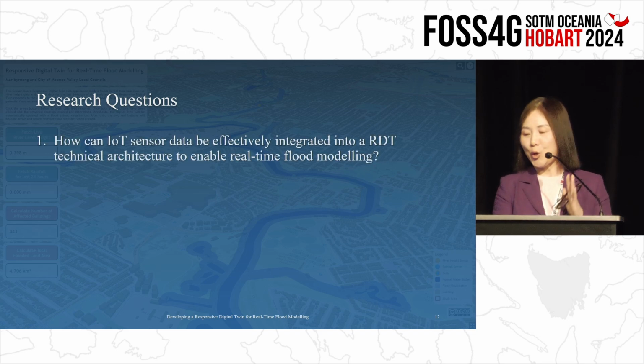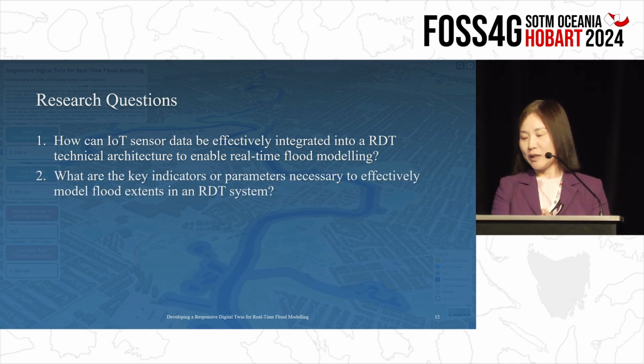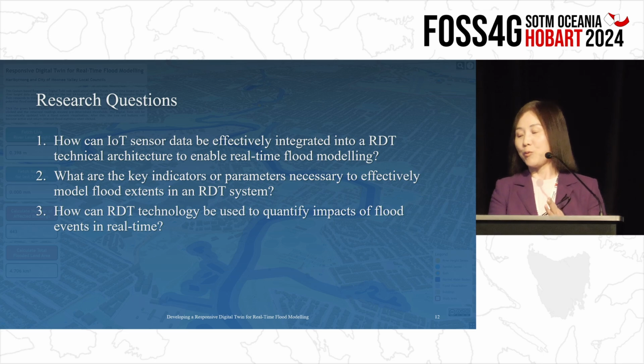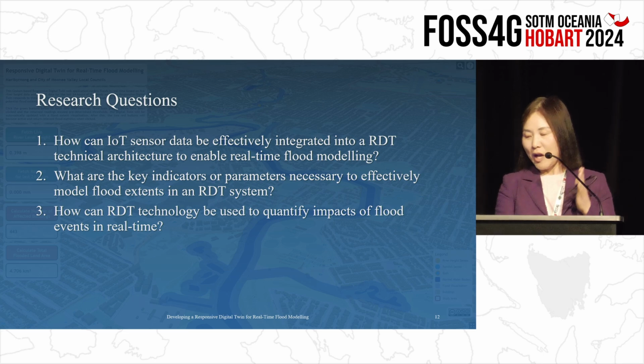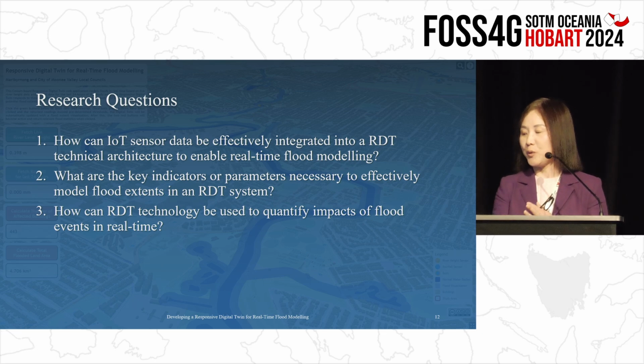To answer the main aim of this project, to tackle the real-world problem, it breaks down into three research questions. The first one: how can IoT sensor data be effectively integrated into a responsive digital twin technical architecture to enable real-time flood modeling? That's the key for a spatial digital twin.